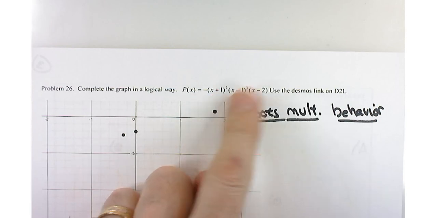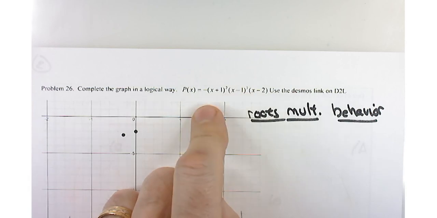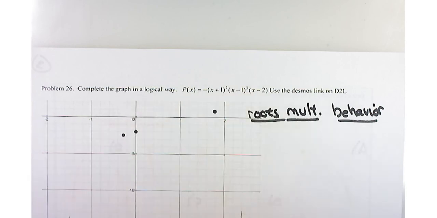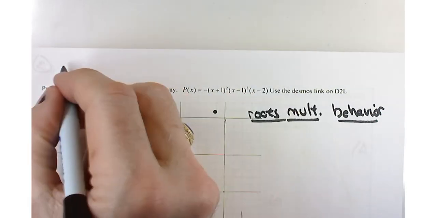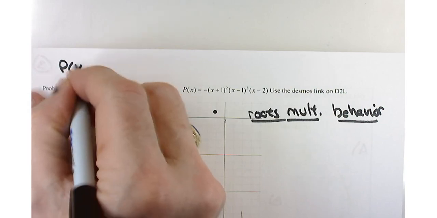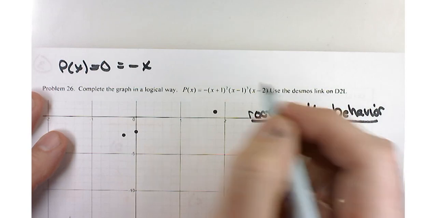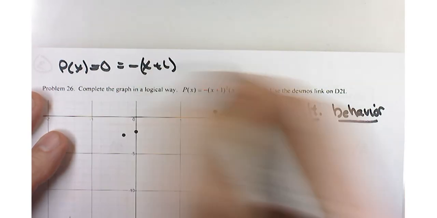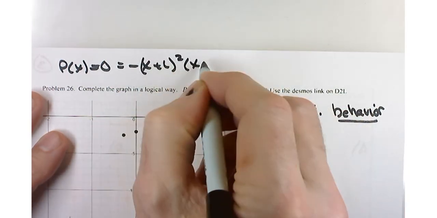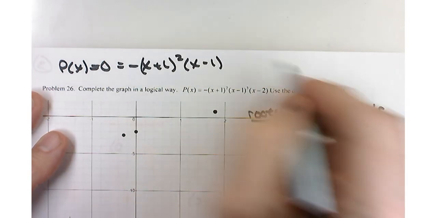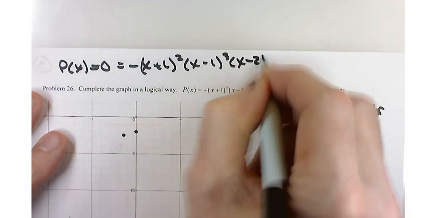So let's start here at the leftmost of this product. Try and list off each of the roots. And the roots are exactly what you think. You're going to be setting this polynomial p of x equal to 0: negative of x plus 1 squared times x minus 1 cubed times x minus 2.